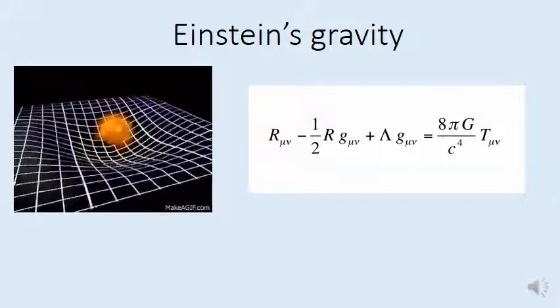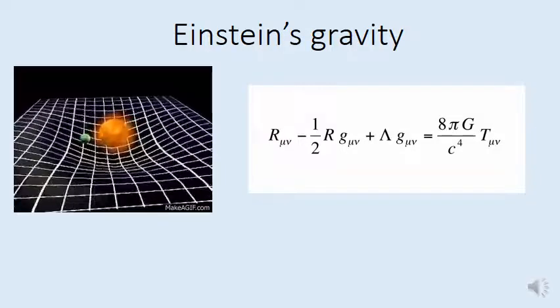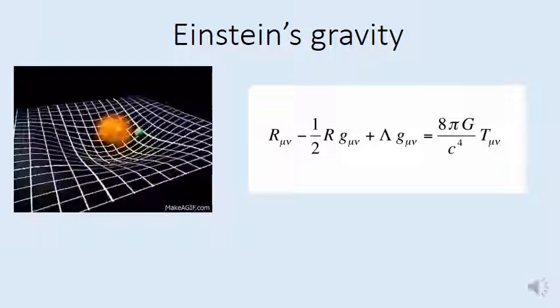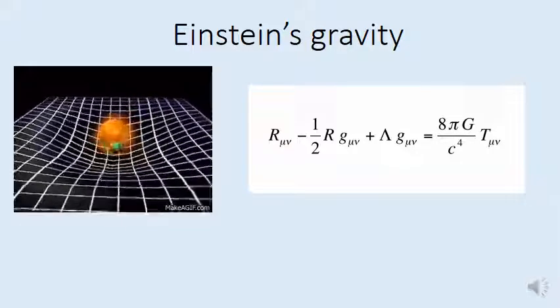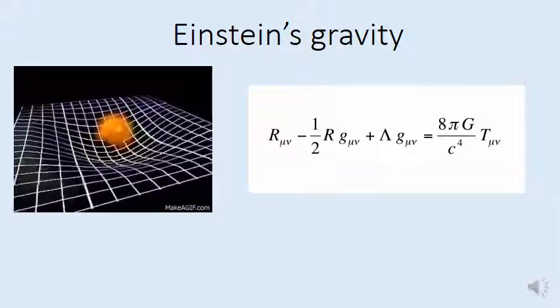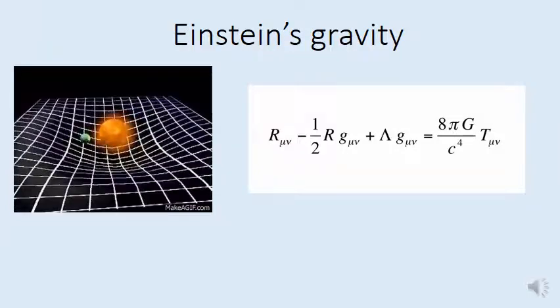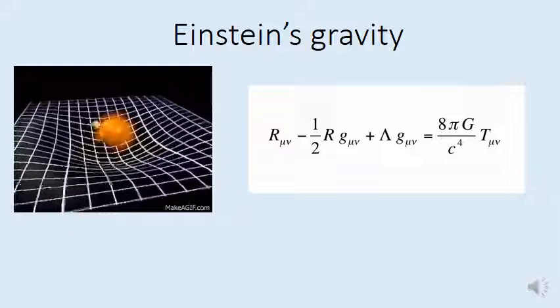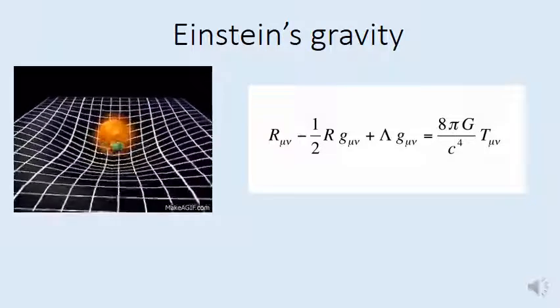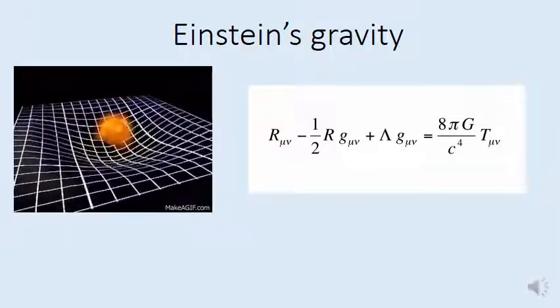If you Google this, they'll always give you the picture of a trampoline with no one standing on it. It appears flat and smooth. You take a big ball bearing or an object and place it in the middle, so the entire trampoline now sags inwards towards that mass. That's what Einstein called the distortion or curvature of space-time.